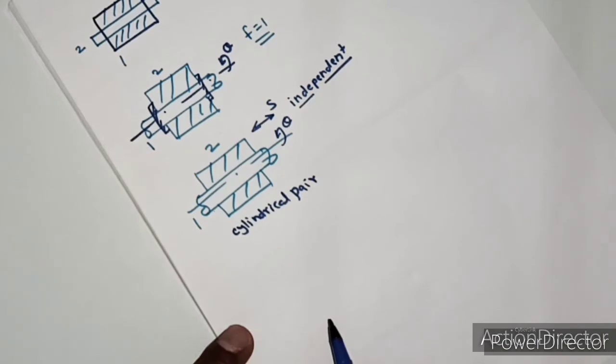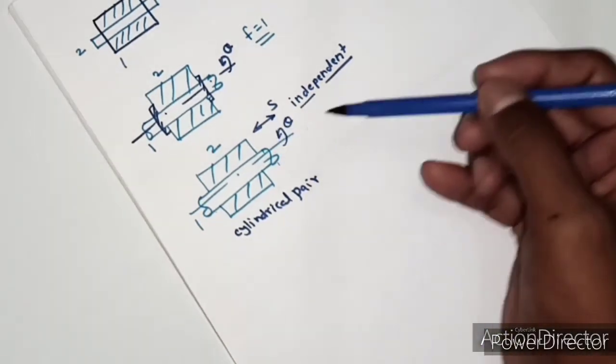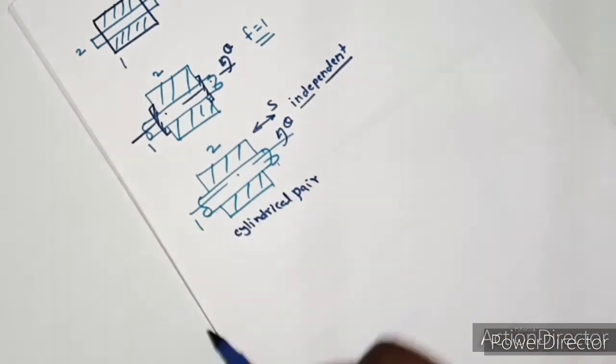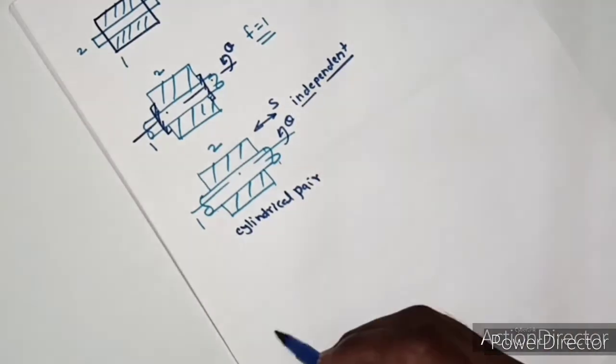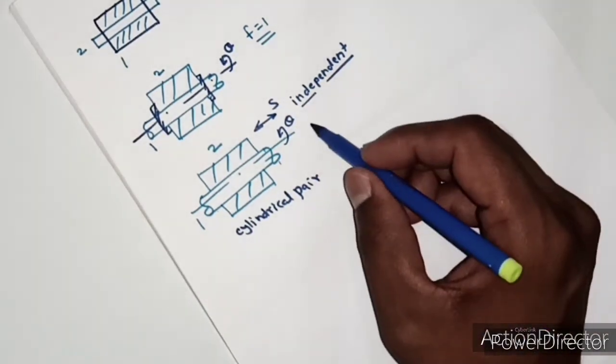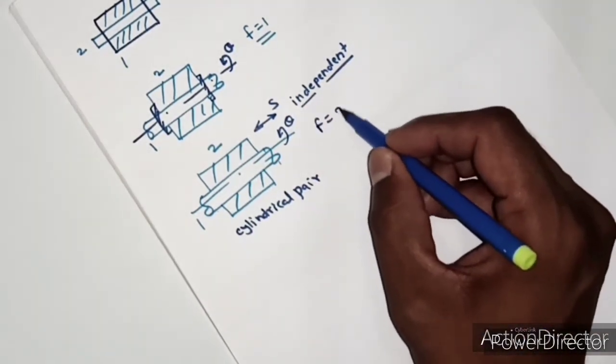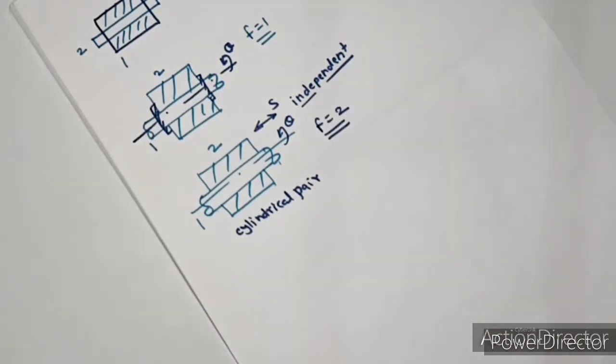Because we cannot exactly predict the amount by which the shaft will go inside the bearing when we rotate the shaft through a specific angle. So theta and s are independent, so both are counted as separate variables. So degree of freedom of a cylindrical pair is 2.